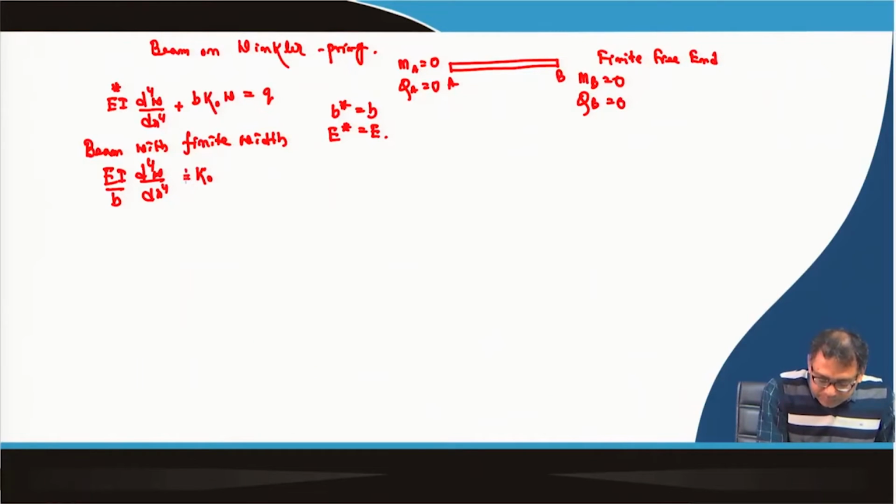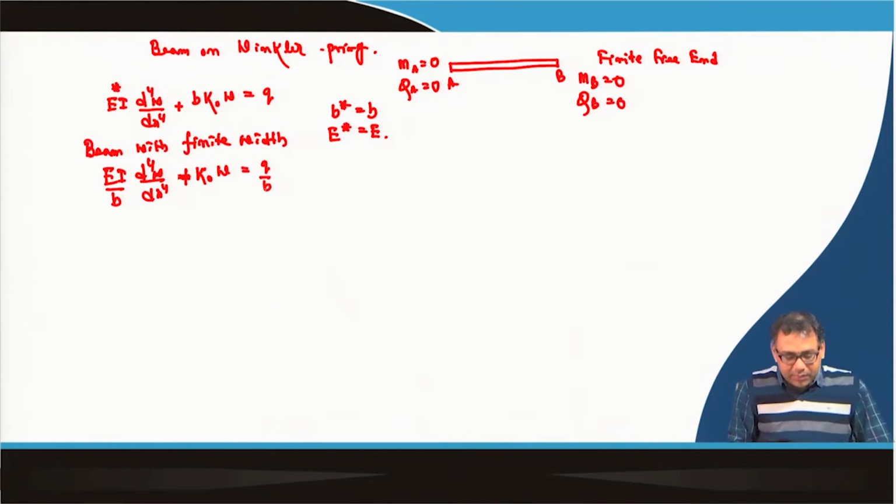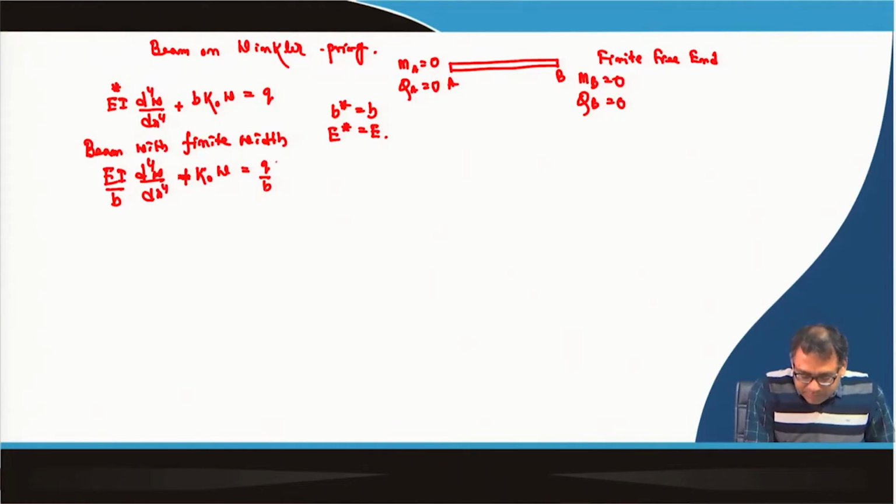So, this is plus k0 W, that is equal to q by B. In such a case, your q is in kilonewton per meter square.